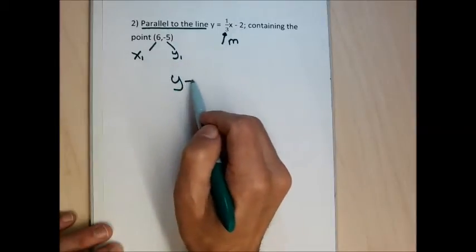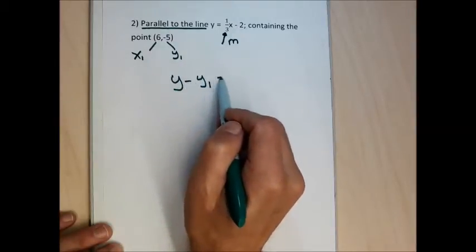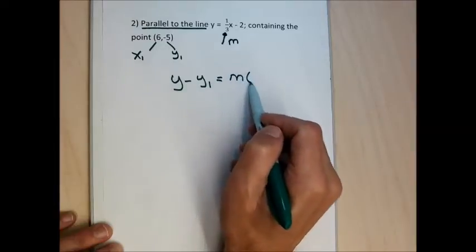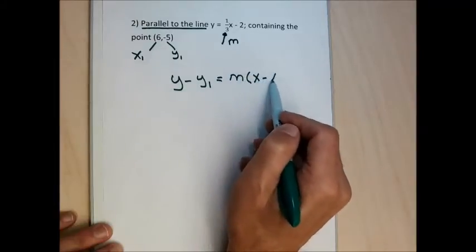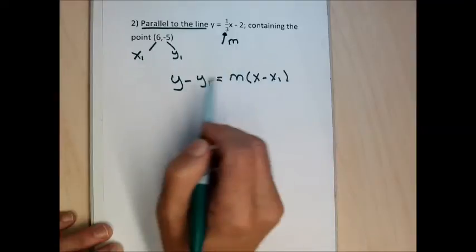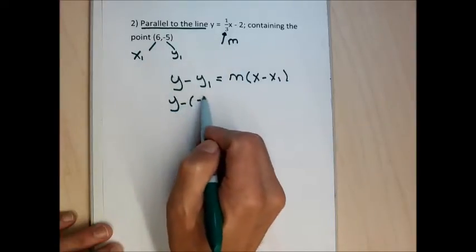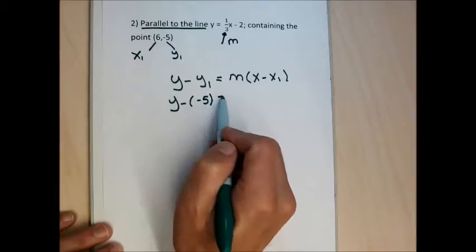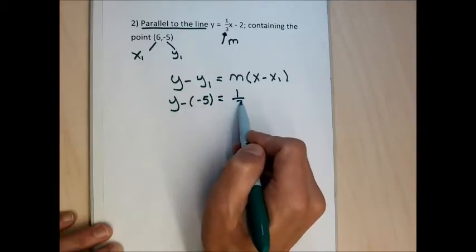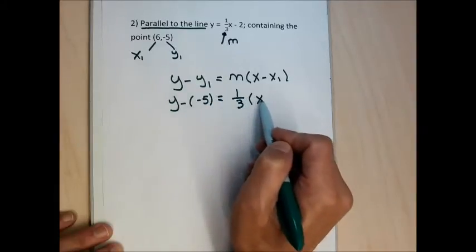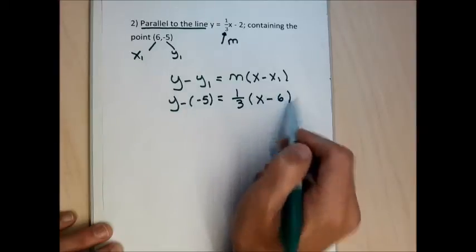So now I'm just going to use the y minus y1 equals m times x minus x1 formula. I'll have to deal with a fraction here. On the left-hand side, I'm going to put y minus negative 5. On the right-hand side, in for the m, I'm going to plug in 1/3. And in for the x1, I'm going to plug in 6.